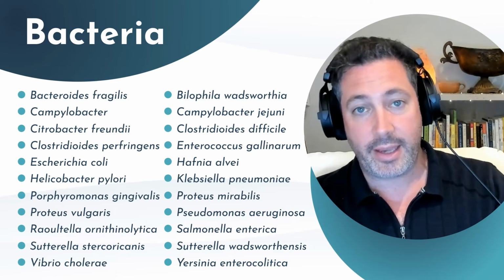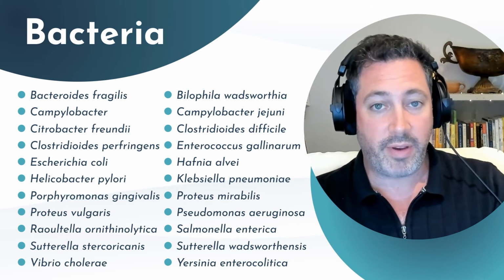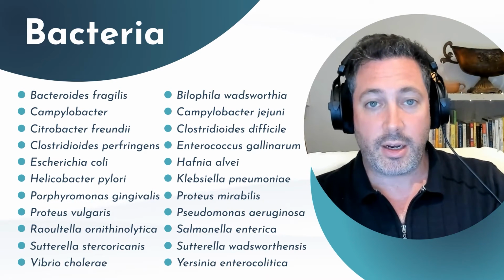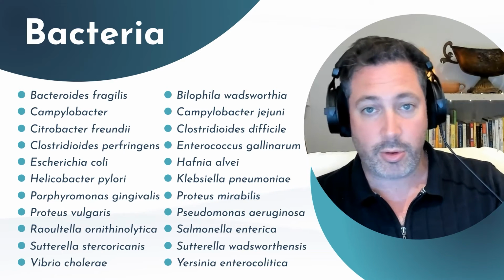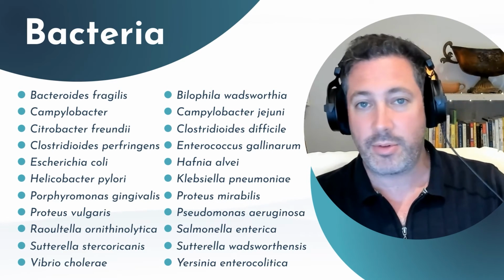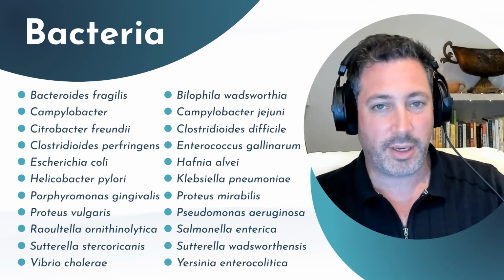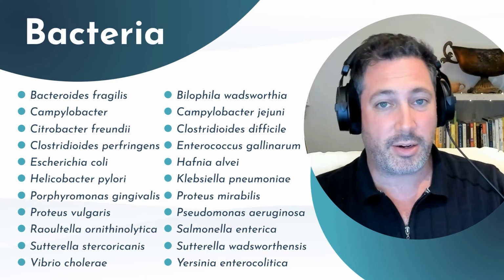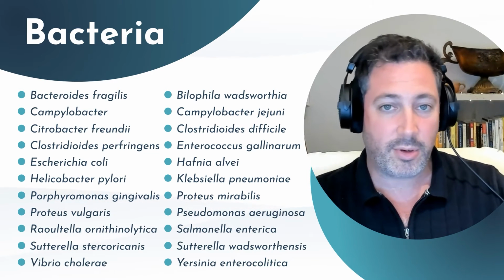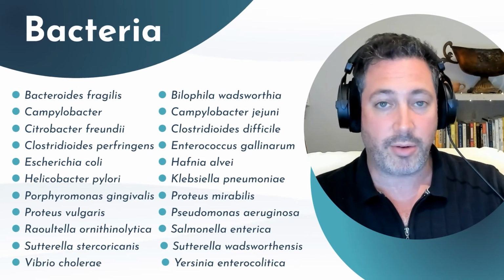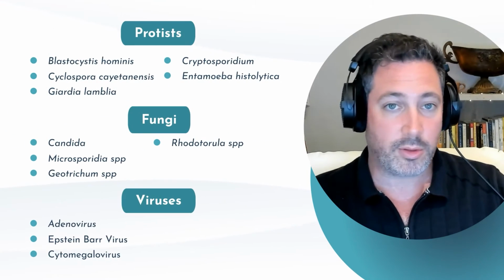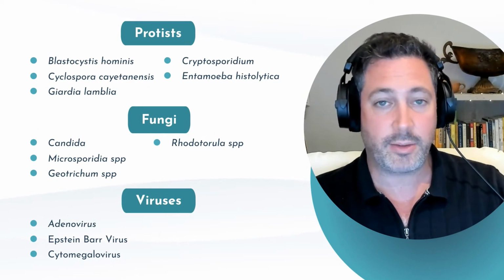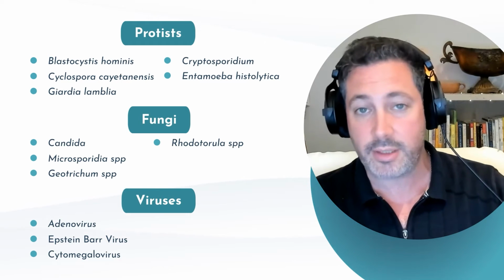But other things, like, for example, Vibrio cholerae, or Salmonella enterica, or Campylobacter, they're not really belonging to the gut microbiome. And they're telling you that we're getting some contamination, mostly from other sources. We also have protists and fungi that we can detect, and viruses.